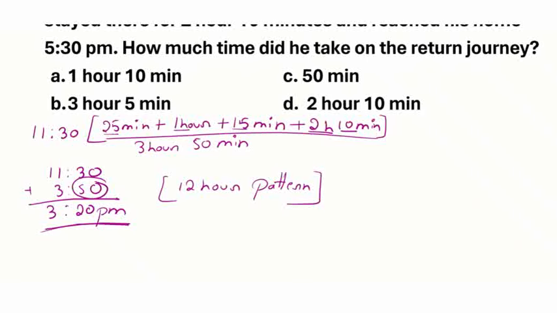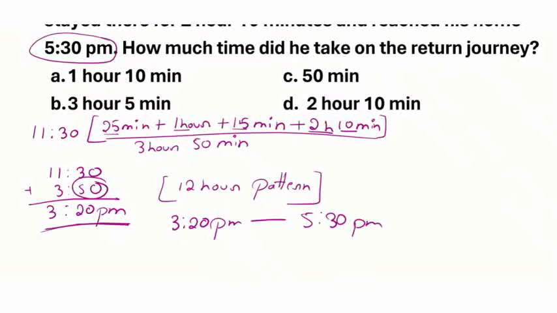And finally, at what time did he reach back his home? He reached at 5:30 p.m. So now calculate the time gap between 3:20 to 5:30 p.m. It's very simple.